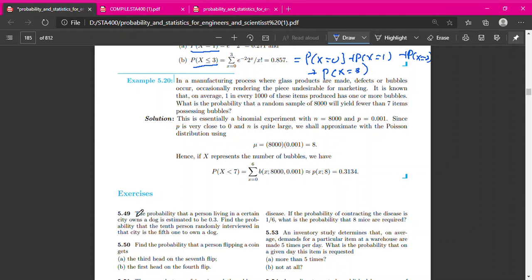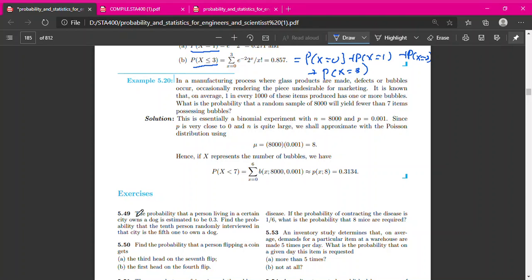What is the probability that a random sample of 8,000 will yield fewer than 7 items processing bubbles? So, the variable kat sini actually adalah number of bubble produced ataupun defect lah.